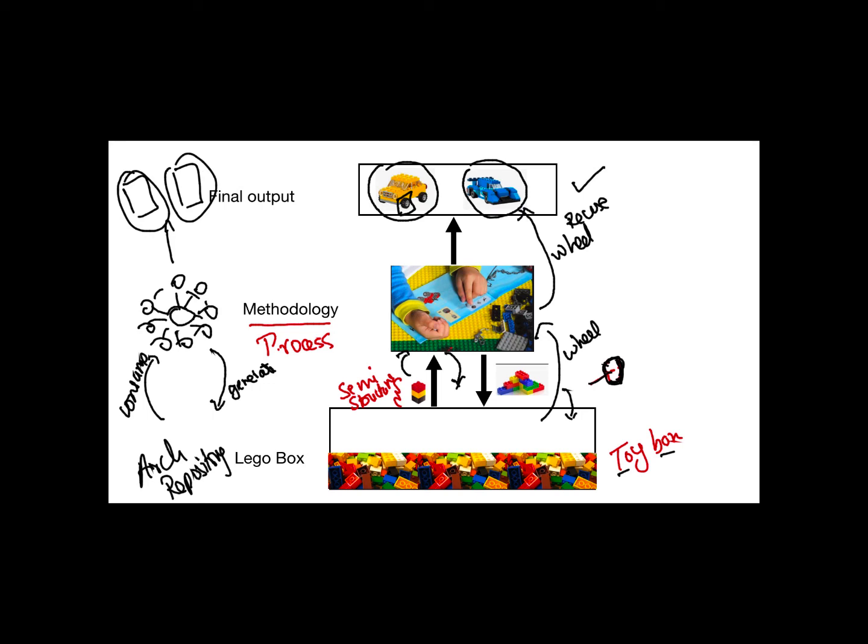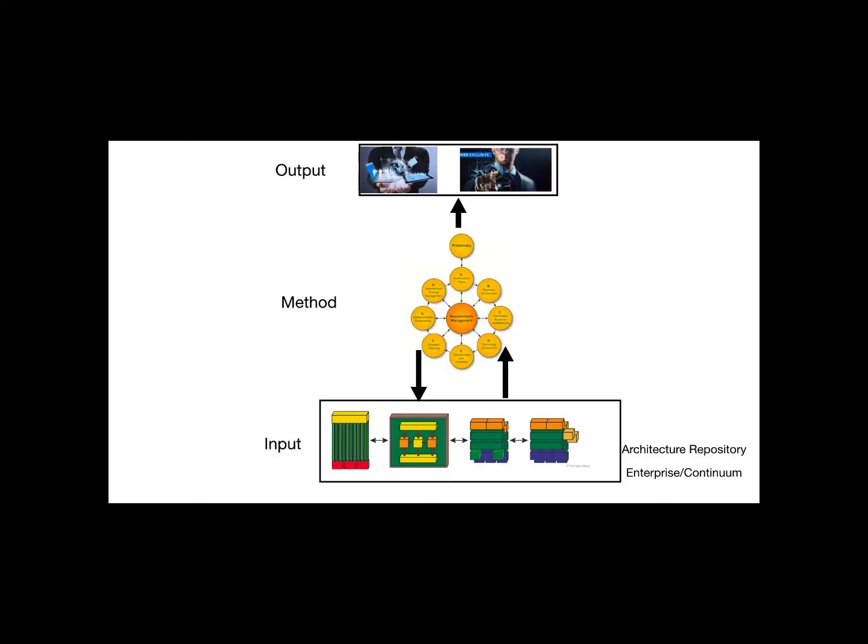So if you want to give a high level definition of TOGAF, this is what it is. You have an architecture repository where you use the enterprise continuum to arrange it in a certain way.